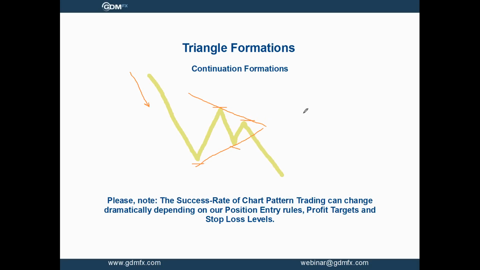And in this case, we can see that every next high is a bit lower than the previous, and every next low is a bit higher than the previous. So essentially, we can see that the price action starts squeezing in into what we can identify as a triangle.